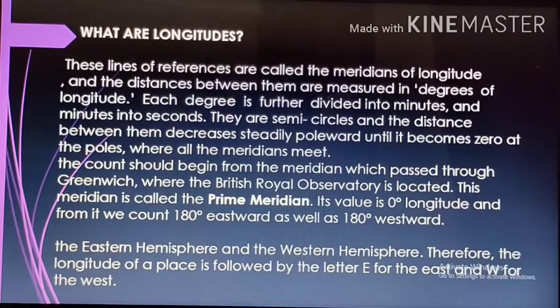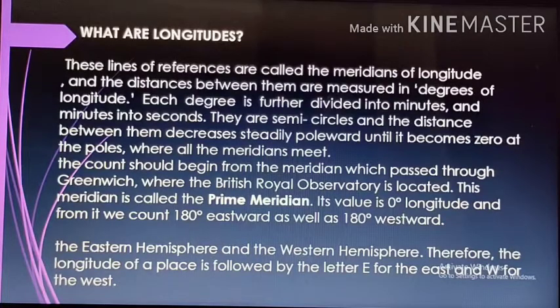Now, in order to locate them precisely, we must find out how far east or west these places are from a given line of reference running from the North Pole to the South Pole. These lines of reference are called meridians of longitude, and the distances between them are measured in degrees of longitude.